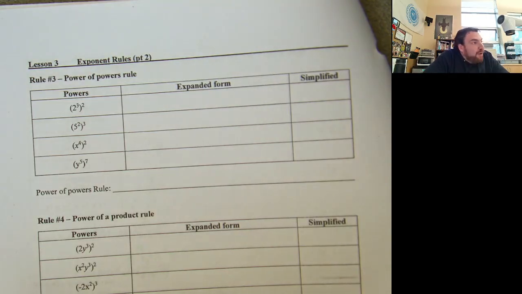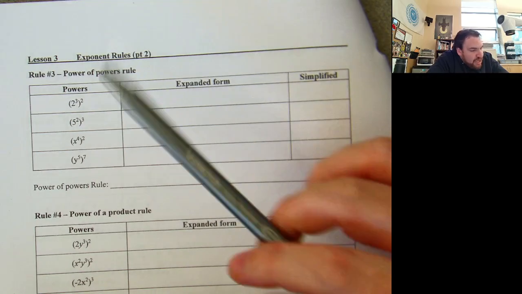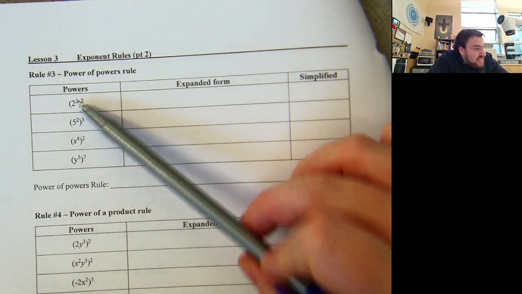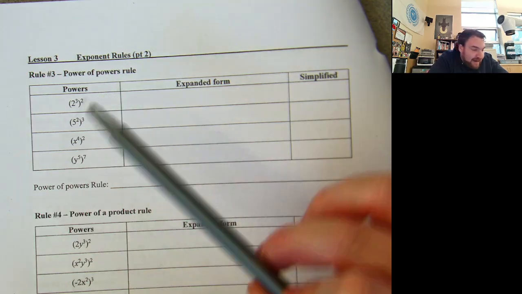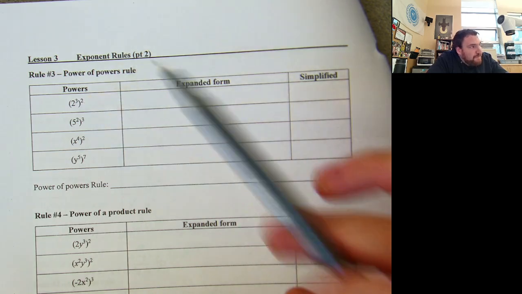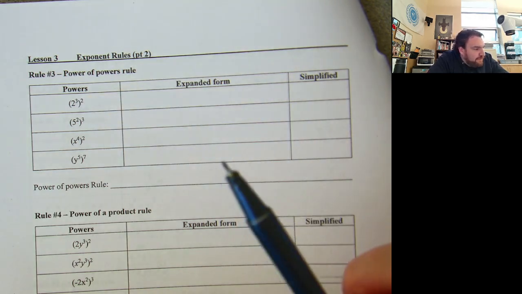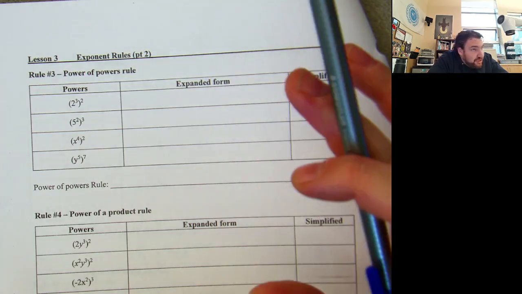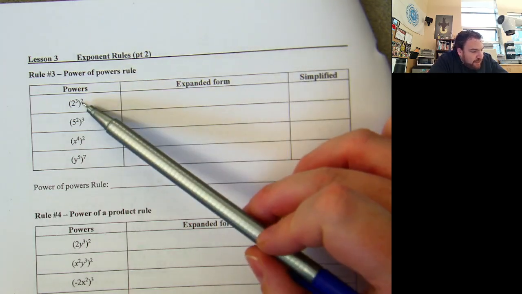Okay, power of powers. Here we go. These examples are kinds of questions where you have something to a power. That thing is in brackets, and then on top of that, I've got it to another power. Look at this outer exponent here. That's a 2.